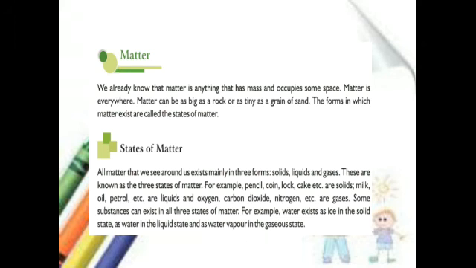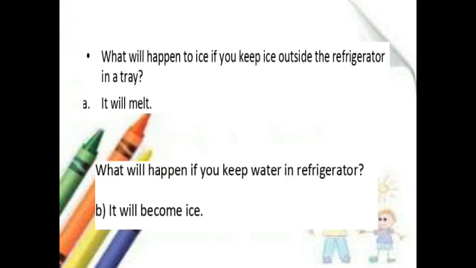You might have known some examples: table, pen for solids; juices, milk, water for liquids; and for gases, oxygen, carbon dioxide, steam. Today we are going to study the conversion between these states of matter, how the conversions take place.